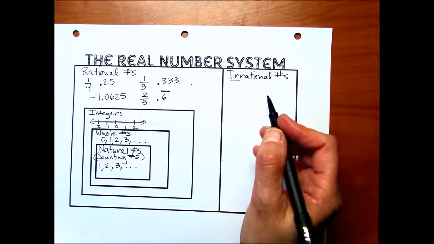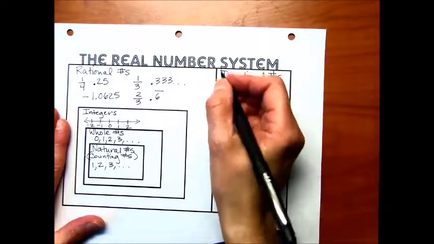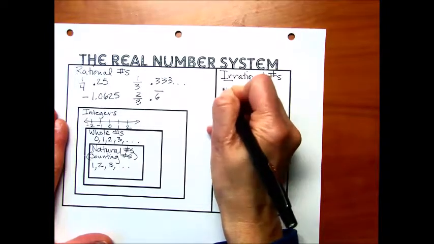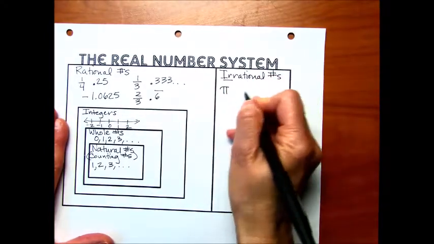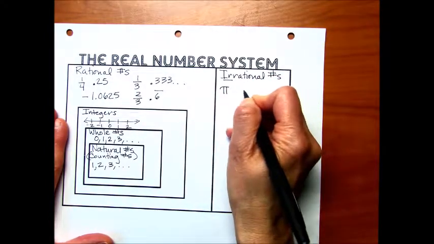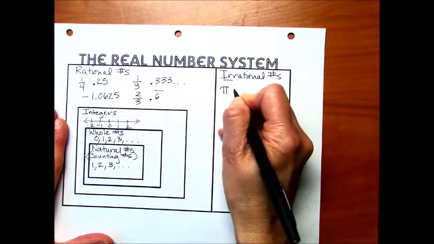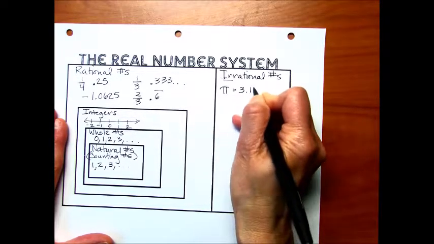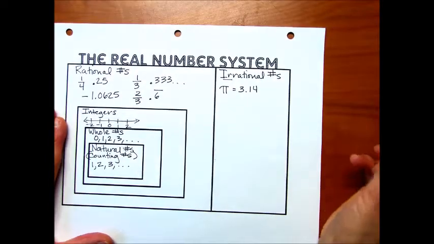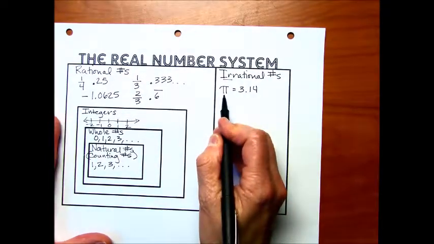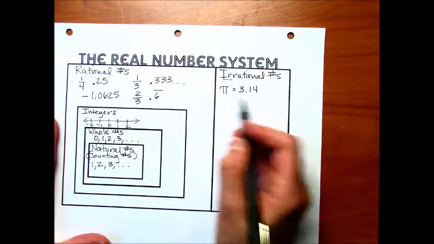Some examples are pi, and pi in decimal form is a rounded number. 3.14 is often used in place of pi.